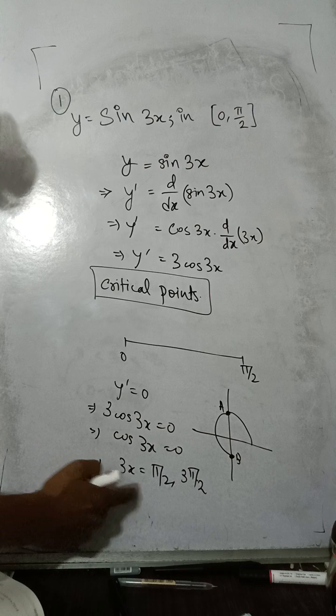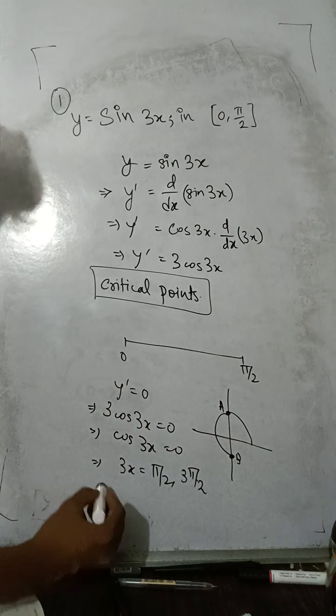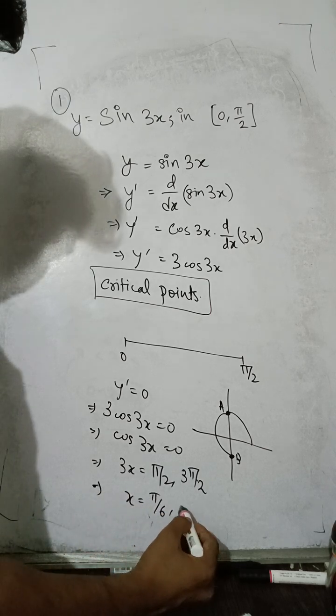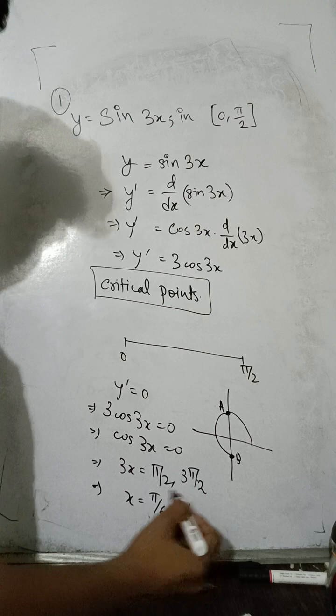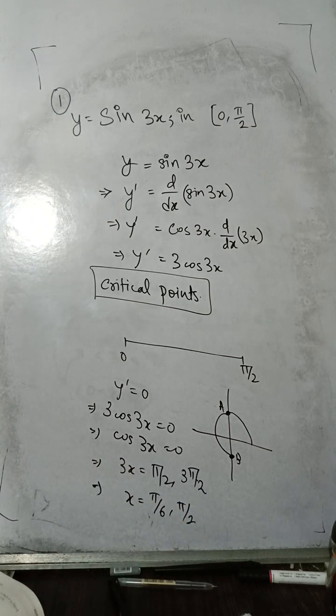So our 3x should be pi by 2 or 3 pi by 2. Then what should be our x? x should be pi by 6 or pi by 2. Okay, so we have two values of x, that is pi by 6 and pi by 2.